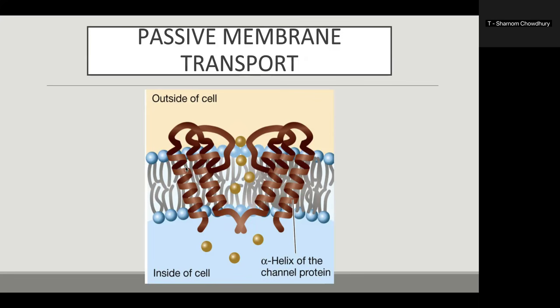And any hydrophobic amino acids of the channel membrane protein interact with the outside. So here, if you can see my mouse, the outside of this channel membrane protein is hydrophobic, so it faces towards the fatty acid tails of the lipid molecules. The inside of the channel membrane protein is hydrophilic so that these ions can go through.